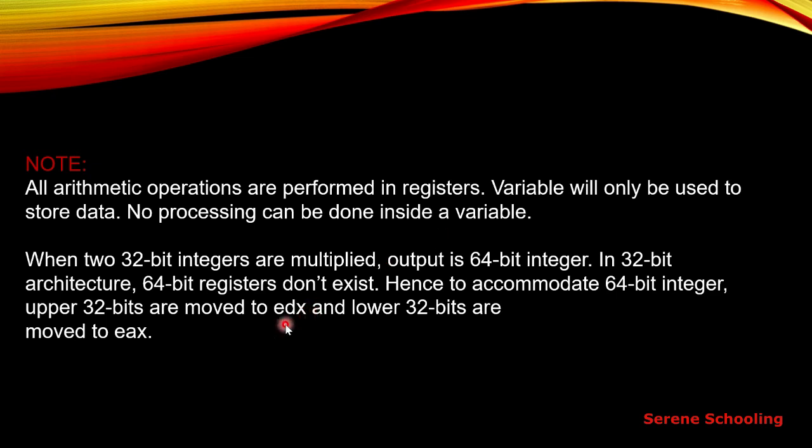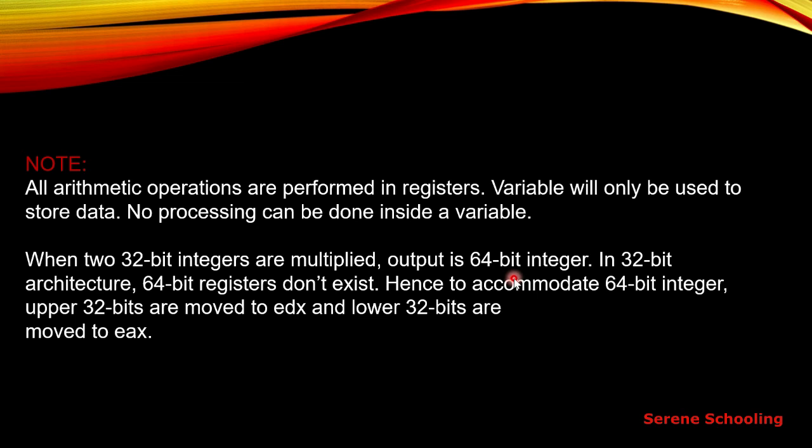So now coming toward the mul mnemonic, we can see the EAX and EDX concept. When two 32-bit integers are multiplied, it forms what? It forms a 64-bit integer. And as we have seen earlier, we have only 32-bit, 16-bit or 8-bit registers.